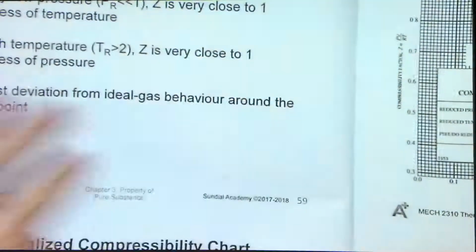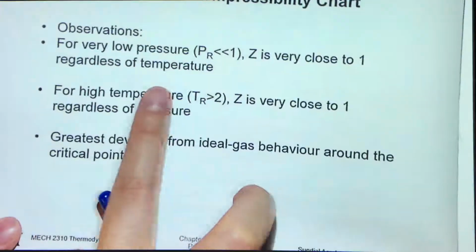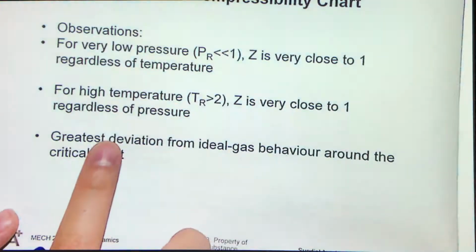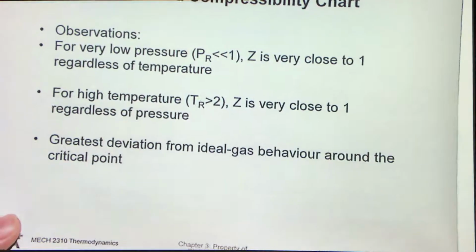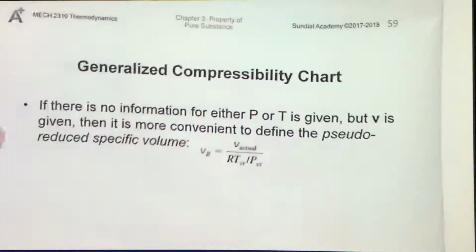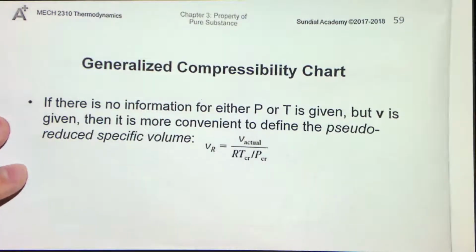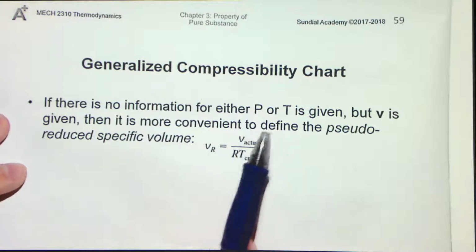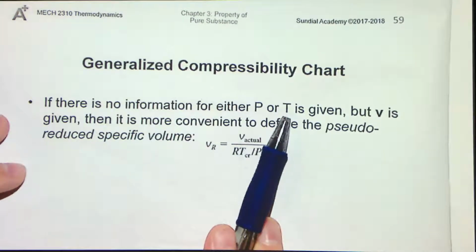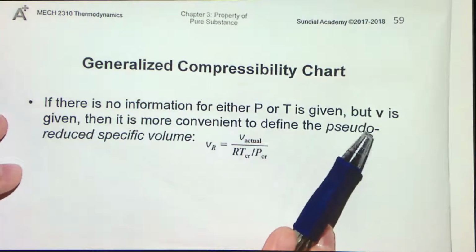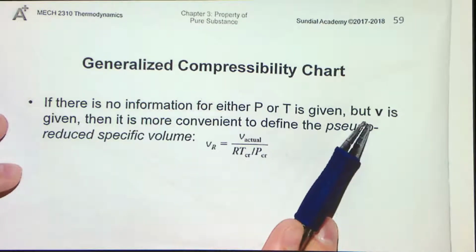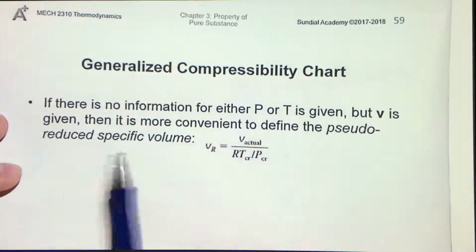So I've talked about the observations shown here. However, sometimes we may not be given information for either P or T. That means maybe we just have P or just T, but we have the specific volume. It's more convenient to define the pseudo-reduced specific volume.